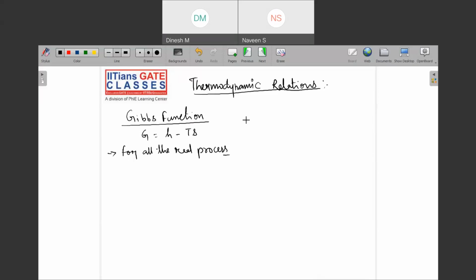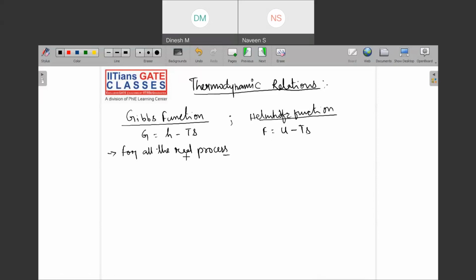Okay, before understanding this one, let us understand Helmholtz function also. So what this function says is that F is equal to U, internal energy, minus Ts. So this is H minus Ts, Gibbs function; Helmholtz function is F is equal to U minus Ts.